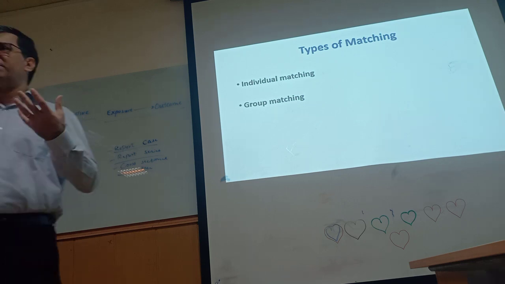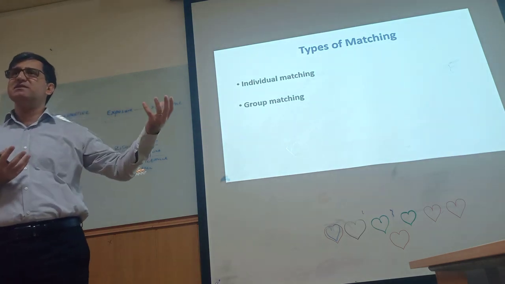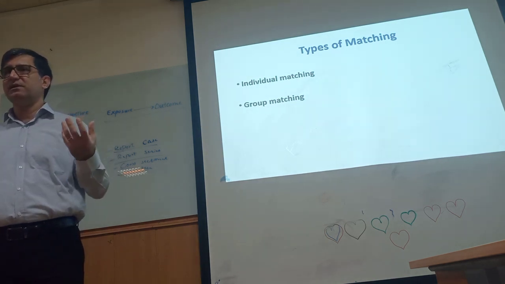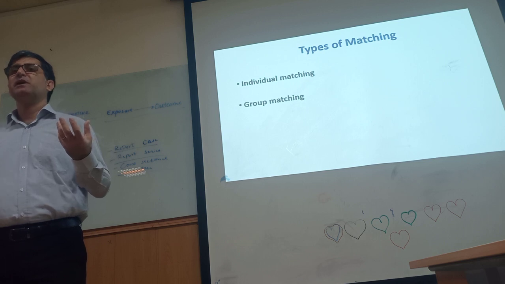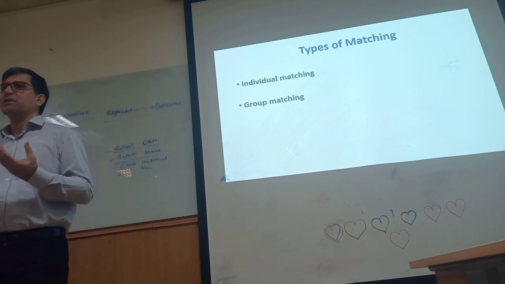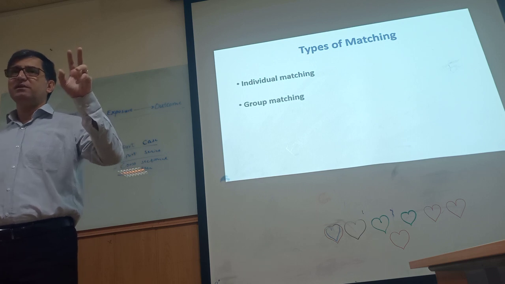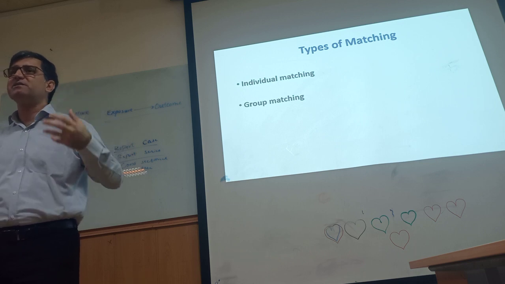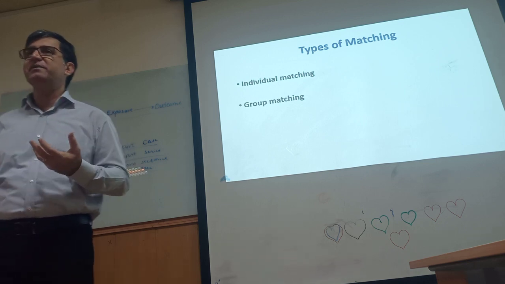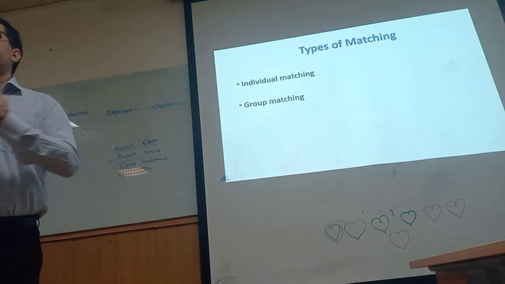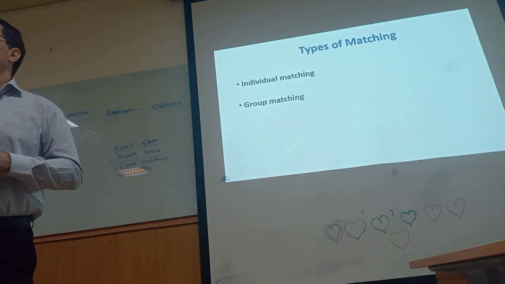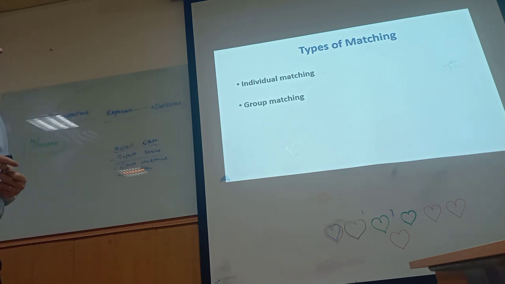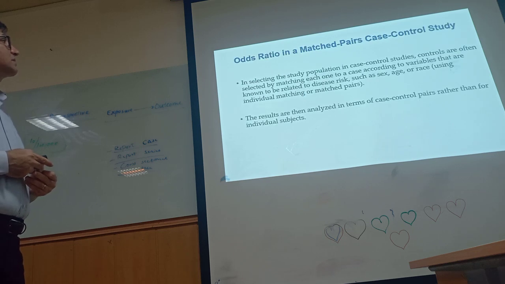So, on average, we can see that cases and controls are more or less identical in terms of average age. Okay? So this is group matching. We do not match each case individually with each control, but we select our controls in a way that cases and controls are on average identical in terms of the matched variable. This is matching in case control studies.